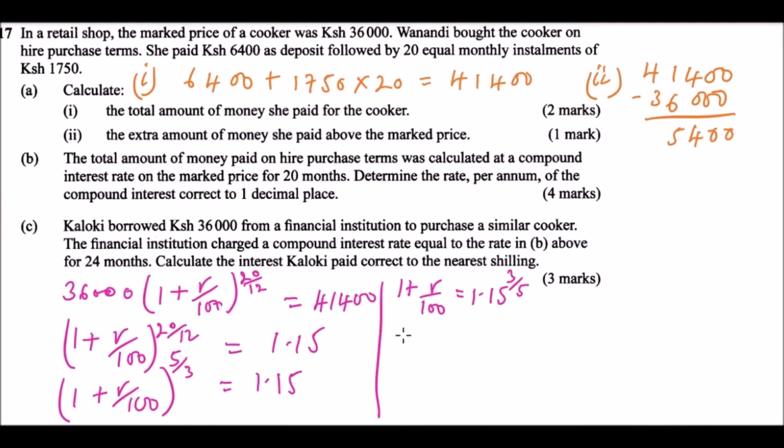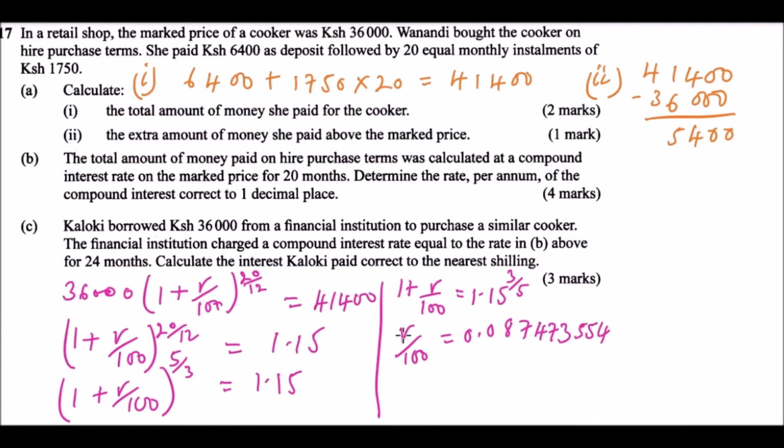So this will be when you minus 1 on the other side, you make use of your calculator, you find r over 100 is equal to 0.0874773554.